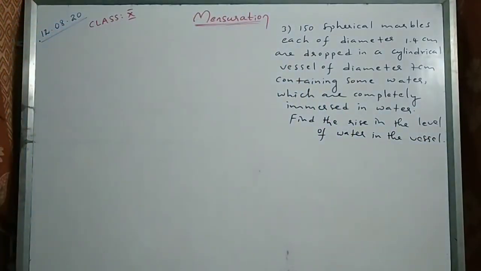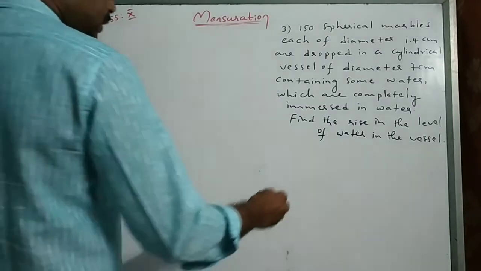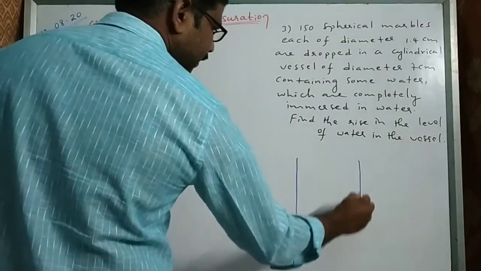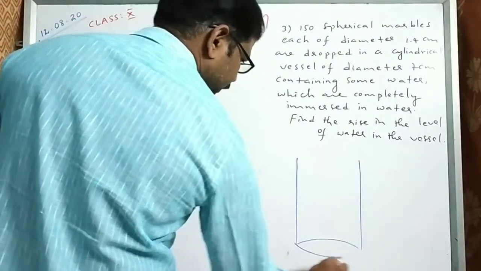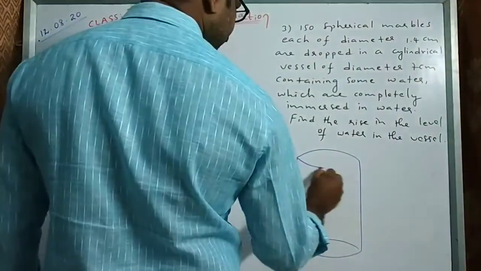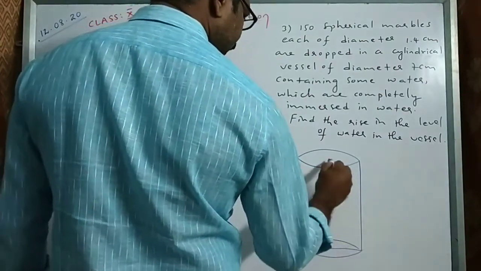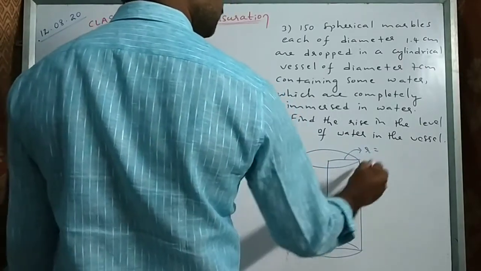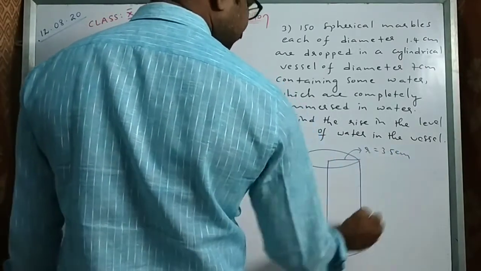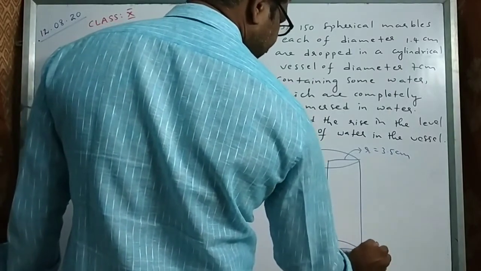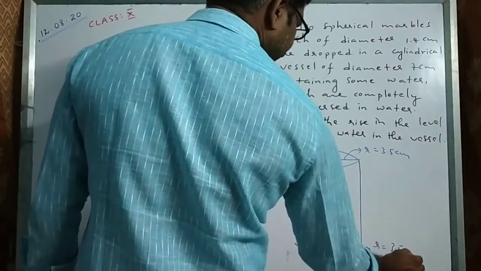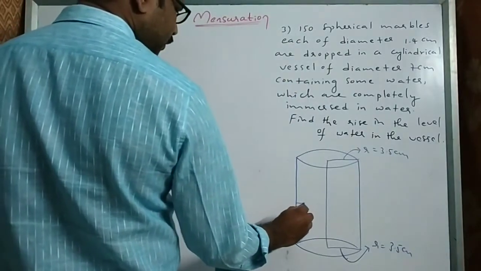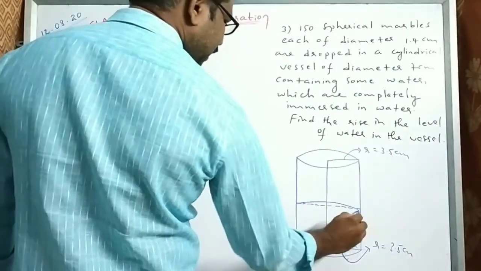Similar question. See, a cylindrical vessel is there, radius 3.5 cm, diameter 7, radius 3.5 cm. It has got some level of water here.